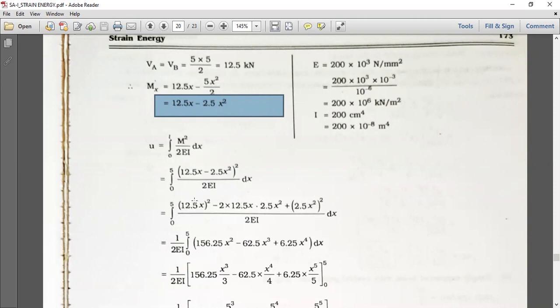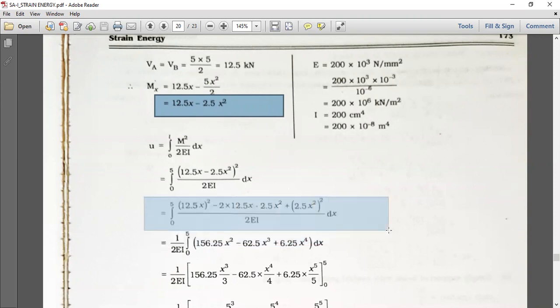The rule is a plus b whole square equals a square plus 2ab plus b square, or a minus b whole square equals a square minus 2ab plus b square.